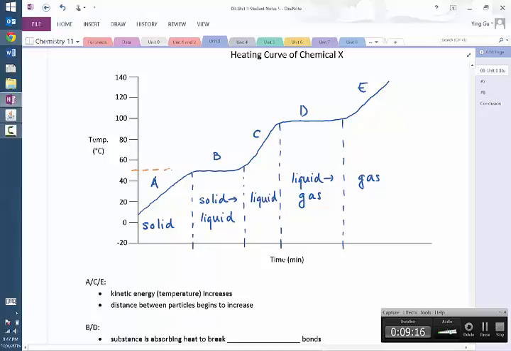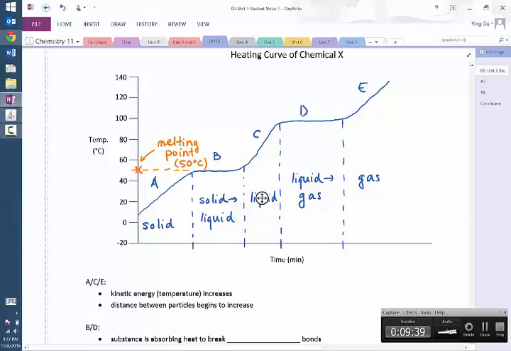In this case, all we have to do is look at where the plateaus are located, and this point right here, that is what we call the melting point. And for this curve that we have drawn, roughly 50 degrees Celsius.